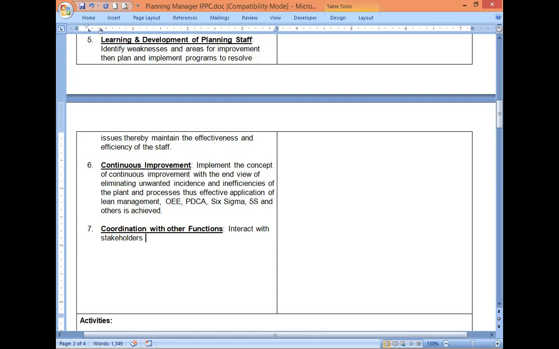So stakeholders: manufacturing, as I've mentioned earlier. Who else? Sales. What you're doing is consistent, regular meetings to discuss issues, requirements, any changes, change management.